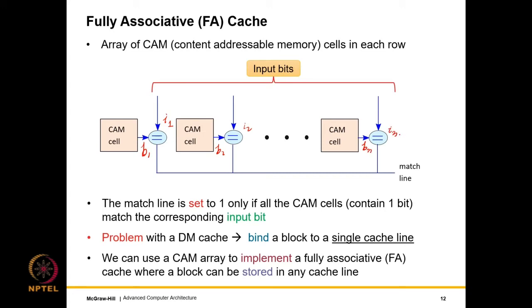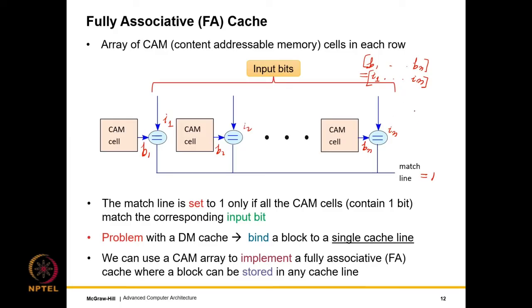If all of them are equal, which means the entire bit string B1 to Bn is equal to the input, then the match line is set to 1, otherwise the match line is set to 0.